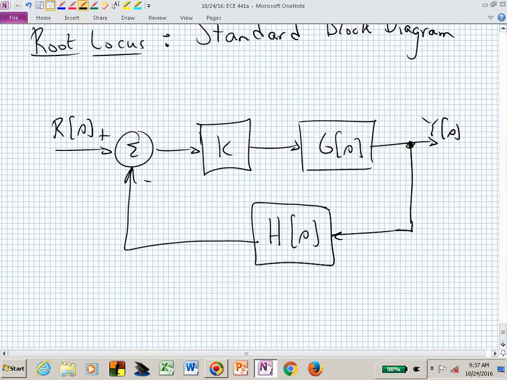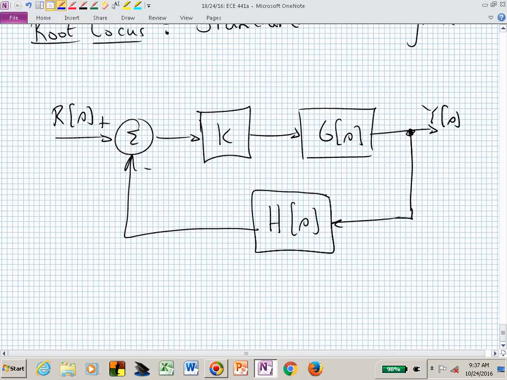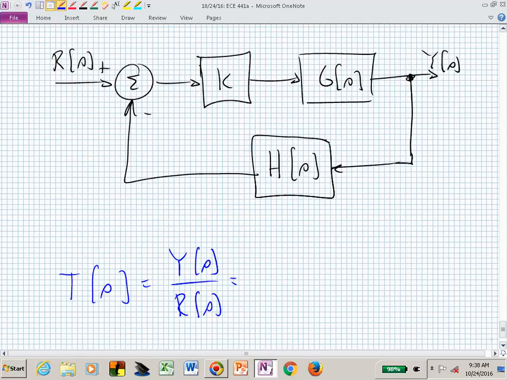Now, based on what we have done so far this semester, you can, by inspection, write down the closed loop transfer function. Which is what? In this particular block diagram, what is the closed loop transfer function?